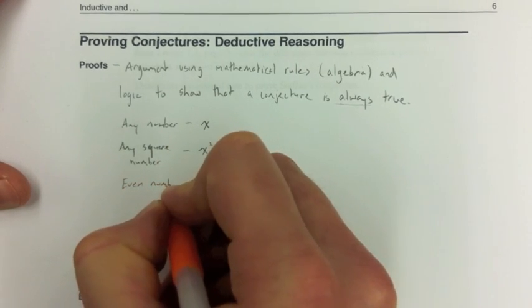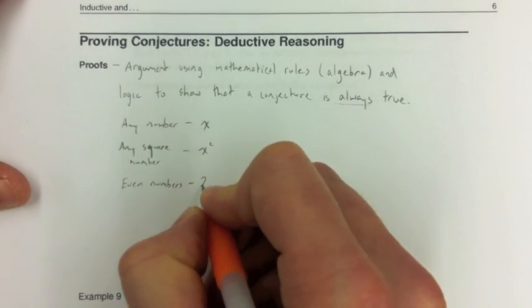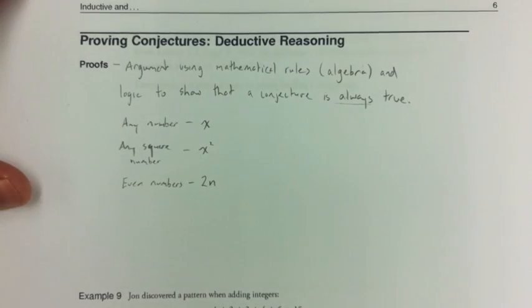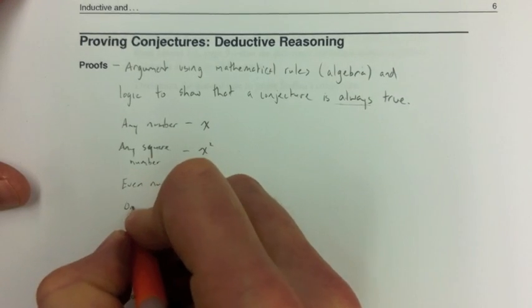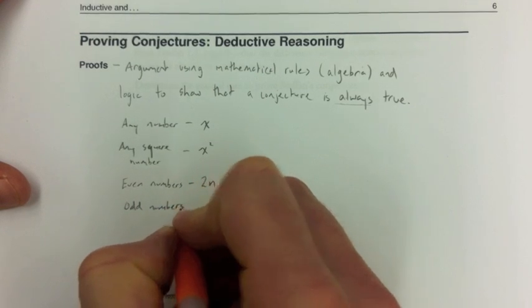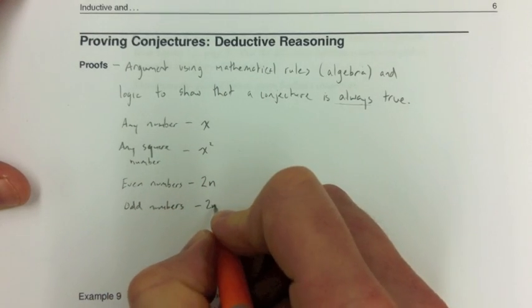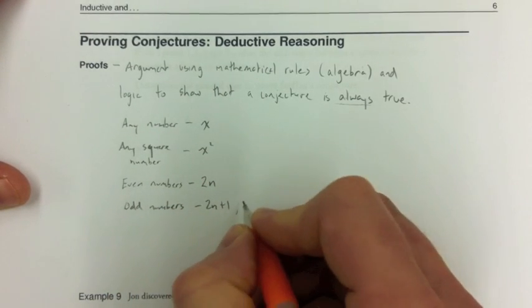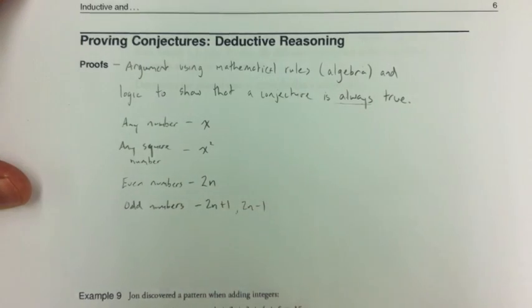Even numbers are multiples of 2. Odd numbers are one different than a multiple of 2. So we can use either 2n plus 1 or 2n minus 1.